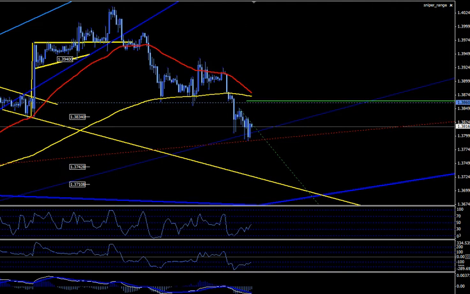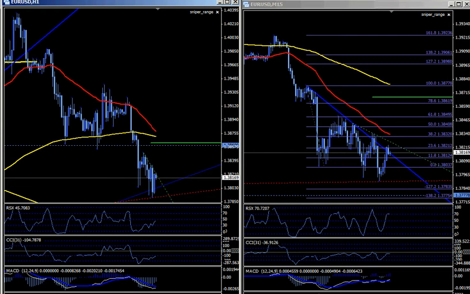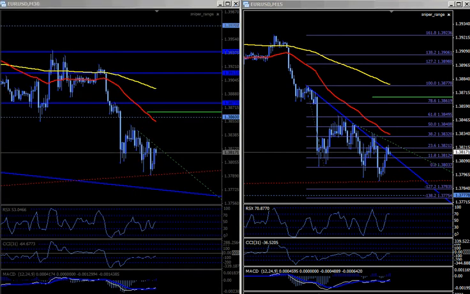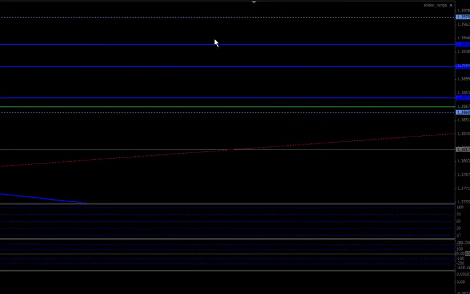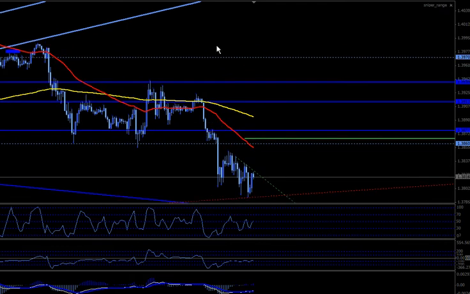If we look then, oops, let me get this out of the way. So if we look then at this 30-minute chart, we have somewhat of a bear flag. And I'm just going to mark that.